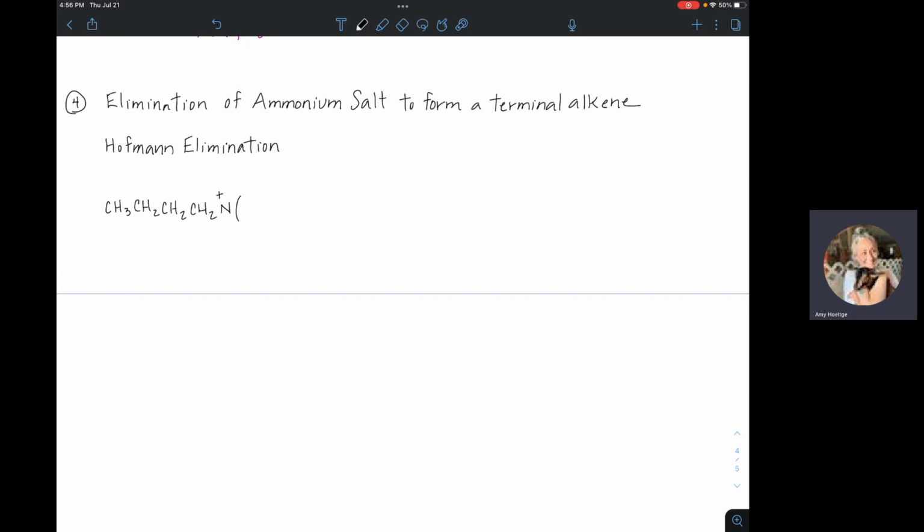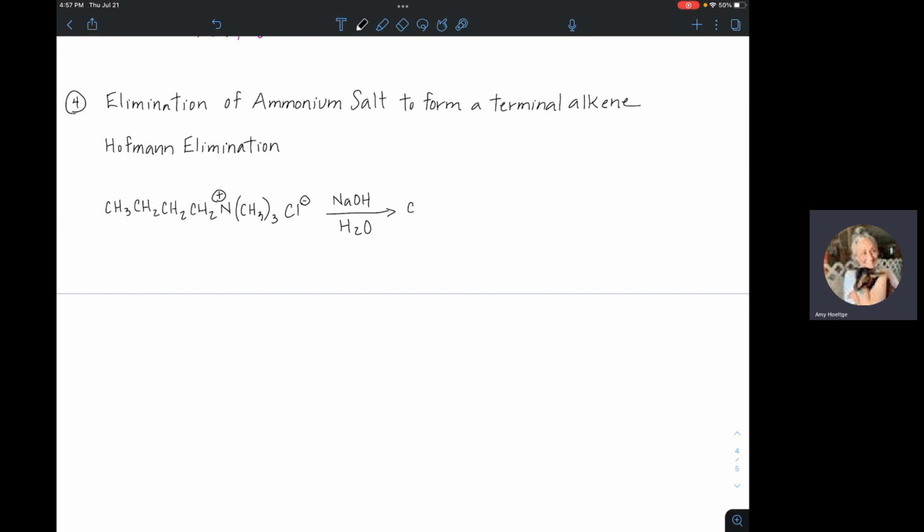So if you had any other, like if this was just like a chloride or a bromide or whatever. So we take our quaternary ammonium salt and we allow this to cook up with a source of hydroxide and some water.